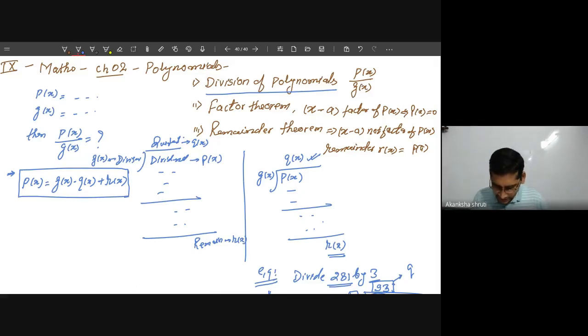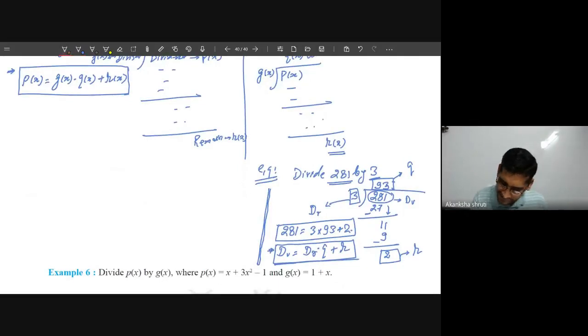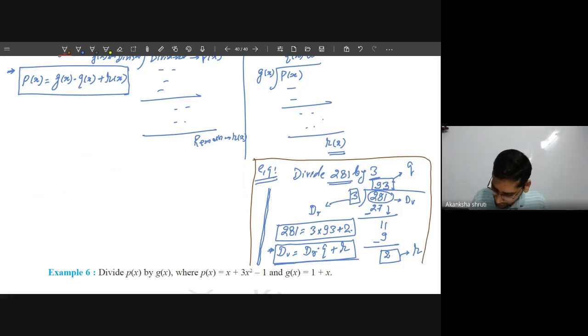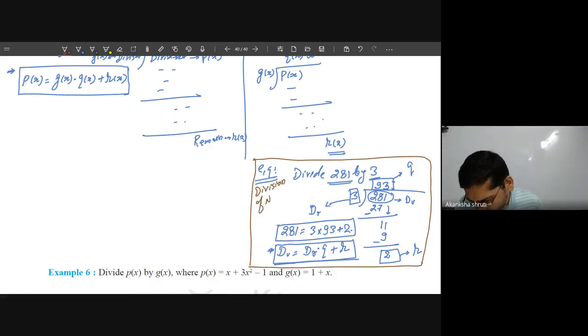So whatever division is applicable for numbers, the same procedure is also applicable for polynomials. This is division of numbers, which you already know.